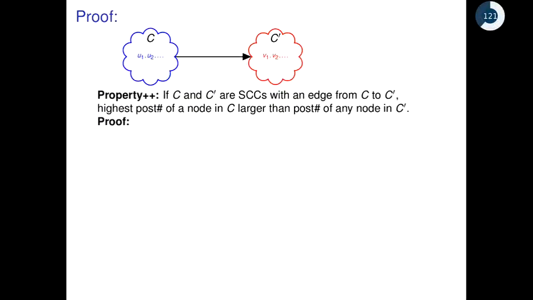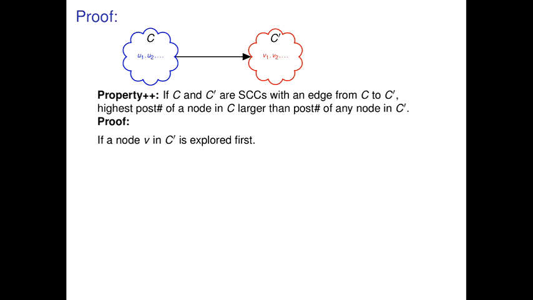So here's the proof. We're just looking at C and C prime. Now we're drawing the figure for two strongly connected components, C and C prime, and there's an edge between them. That's what we're going to prove it about. If a node V in C prime is explored first, what happens before it's returned?